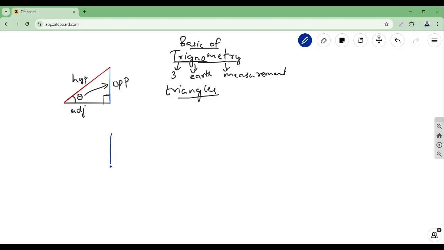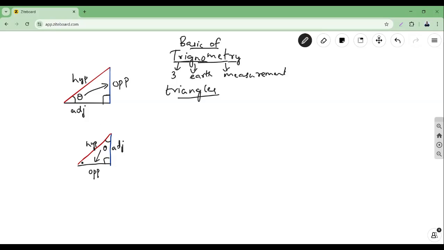If I draw the same triangle, the hypotenuse will not change. If I take this other angle as the theta, then this side becomes the opposite now, and this becomes the adjacent, because it's always with reference to the angle I'm considering. I hope you're seeing the difference.